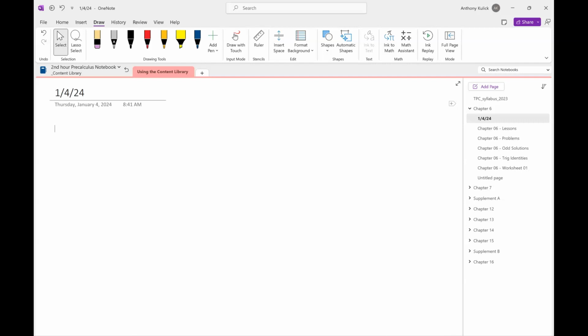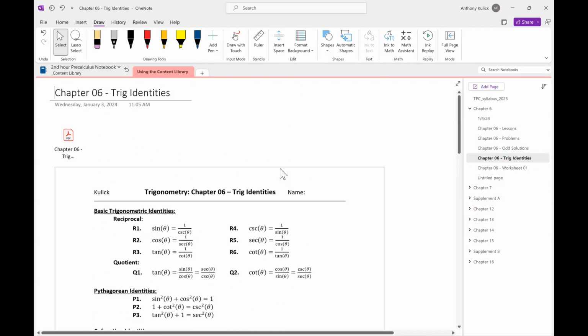We're just going to be using these identities to generate an exact answer for sine, cosine, tangent kind of problems.